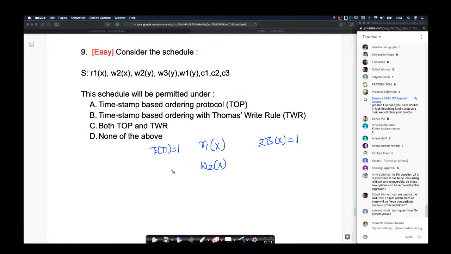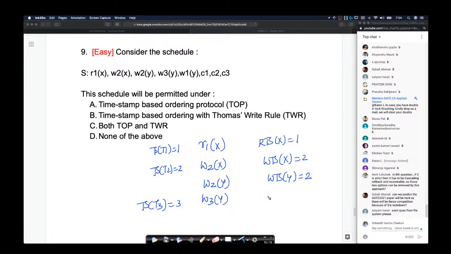Then you have W2x, so the timestamp of T2 equals 2 and the write timestamp of x equals 2. Then you have W2y, so the write timestamp of y equals 2. Then you have W3y, so the timestamp of T3 equals 3.